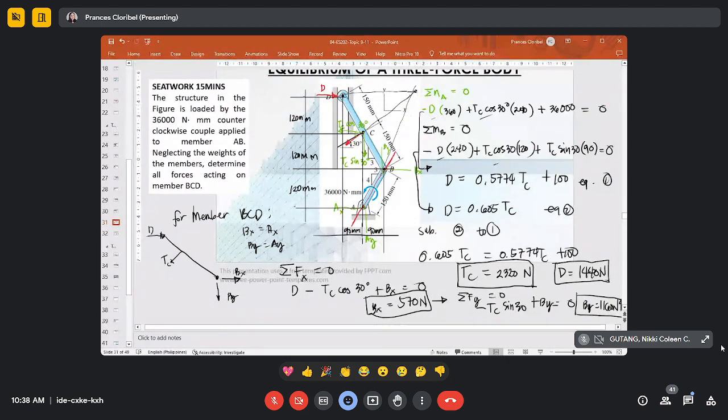Given that it is a three-force body in equilibrium, it is expected that the three forces at BCD will intersect at the same point.